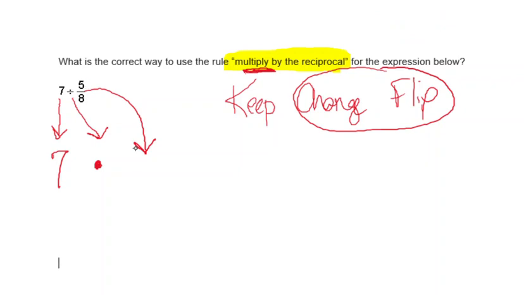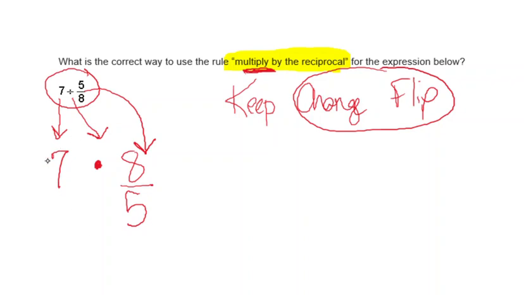So the reciprocal of 5/8 is 8/5. So keep the first value the same, change the division sign to multiplication, flip the second value. 7 times 8/5 would be the correct way to solve 7 divided by 5/8.